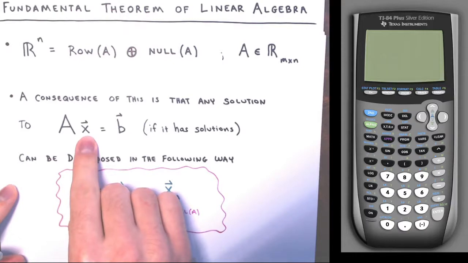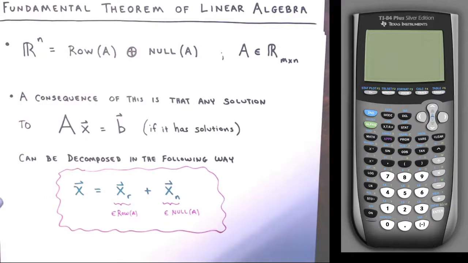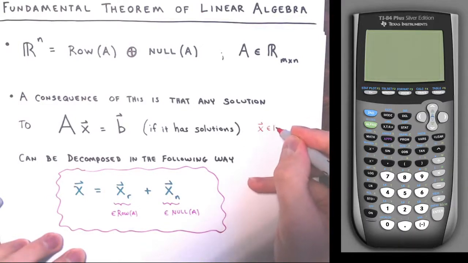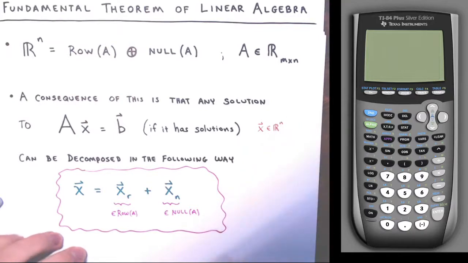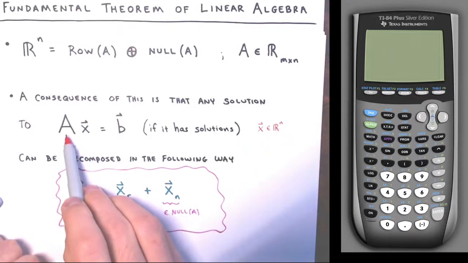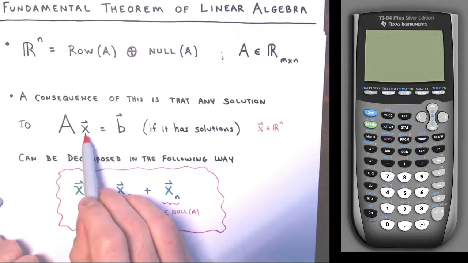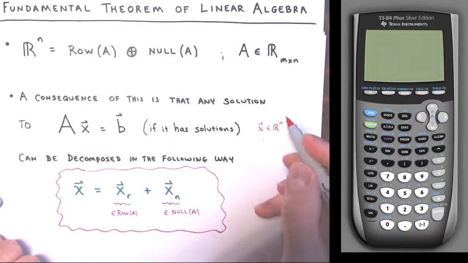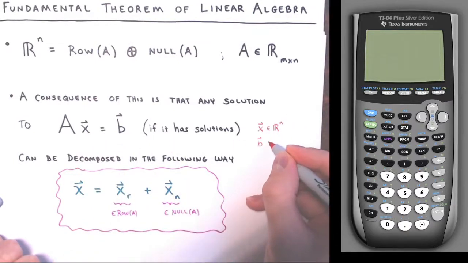This x is a vector in R^n, right? x would belong to R^n, have n components. So an m by n matrix A times some vector from R^n will be equal to another vector, b.